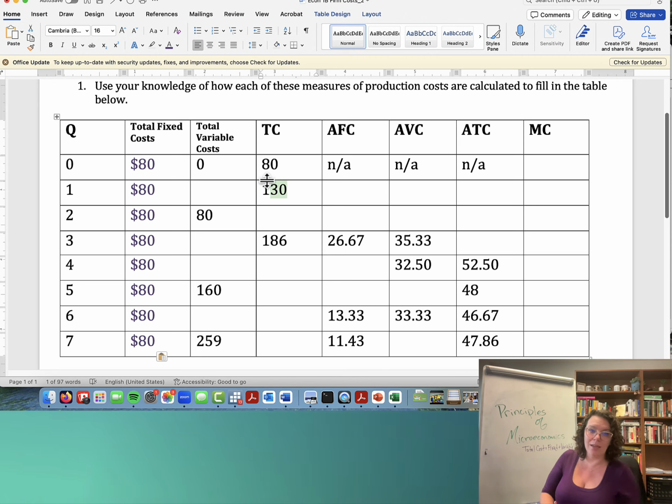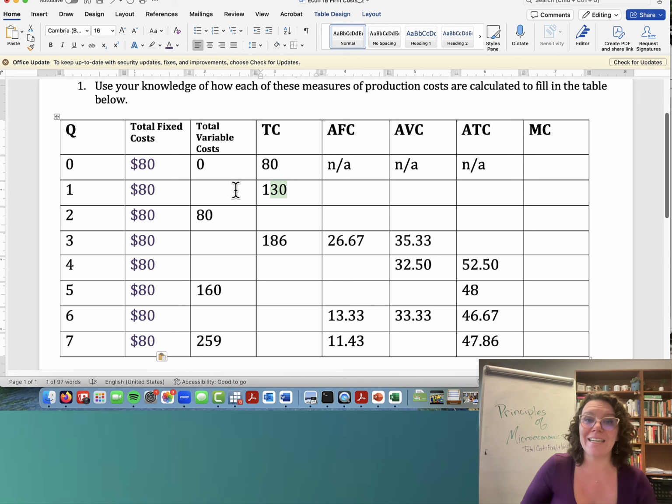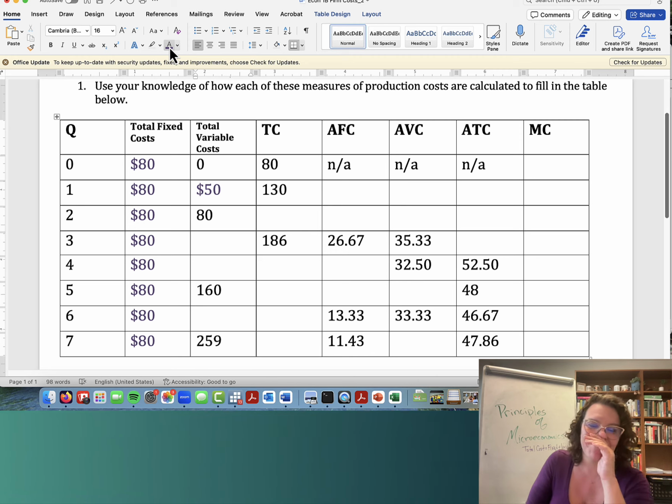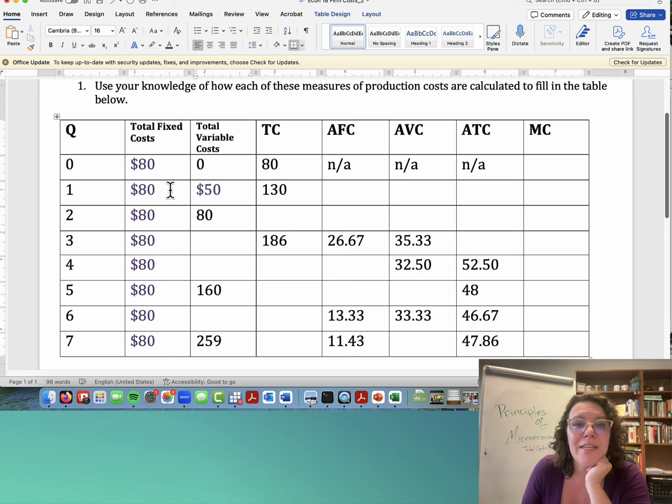So we know that our variable costs are going to be 130 minus 80, or $40. Or sorry, $50. Here we go. $50, because 130 minus 80 is 50, and 80 plus 50 is 130.